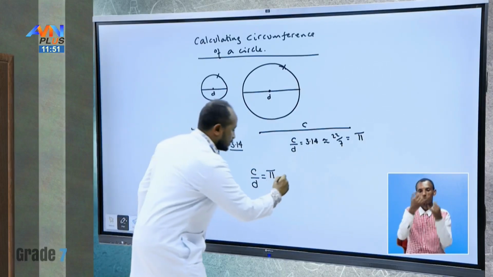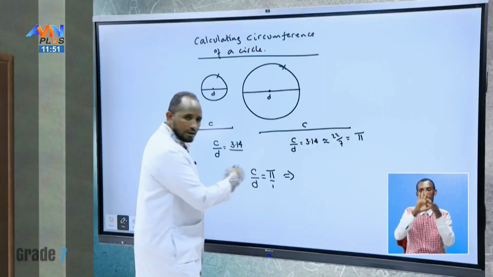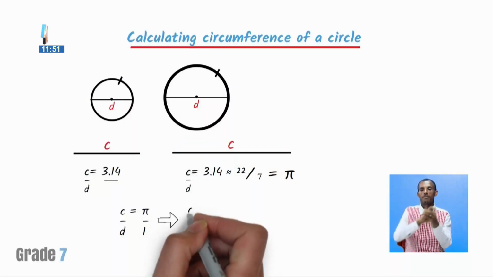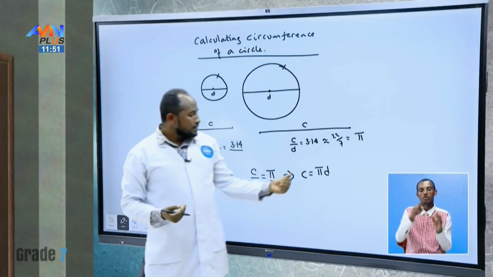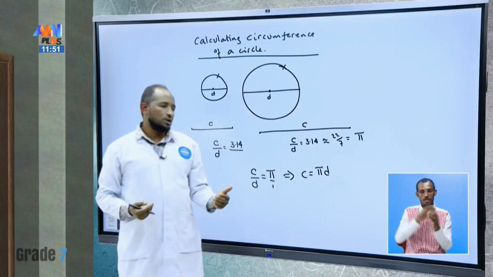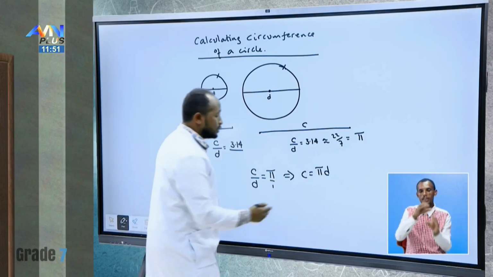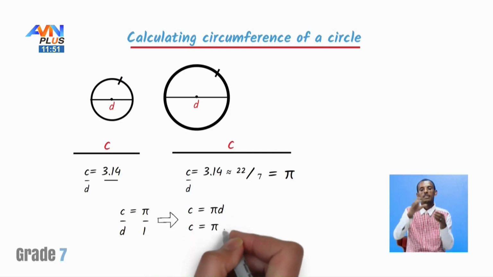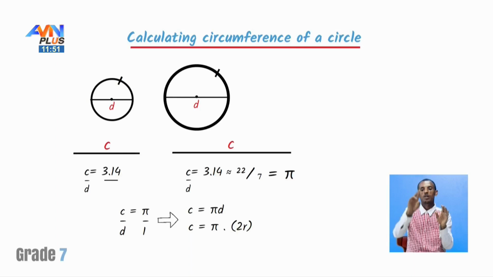Therefore, from this, you have this equation. Just by applying cross multiplication, circumference is equal to pi times diameter. So you can easily calculate the circumference of a circle using this equation, pi times diameter. Or you may use this equation. Circumference is equal to pi times, as we said earlier, diameter is twice the radius, so pi times 2r.